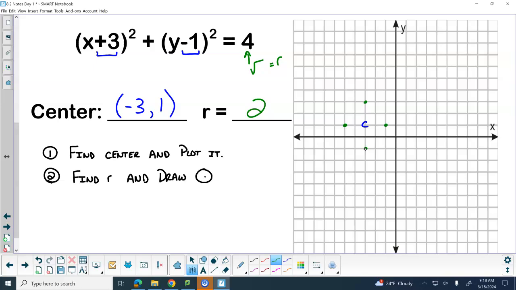If you have a compass, or I've got this funky circle maker that I got at the conference once.